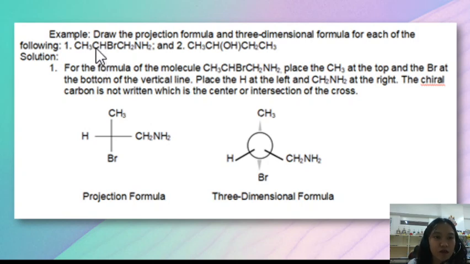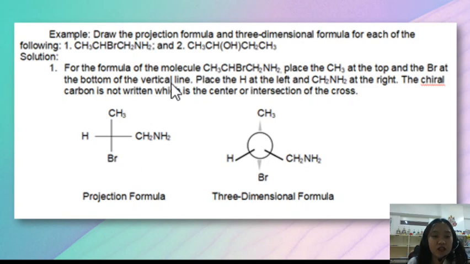So, yung chiral carbon atom, that will be the center of your projection formula, meaning the 4 functional groups revolve around it. So, you will place that at the center and try to place the other functional groups around it. Okay? So, doon sa end ng 4 na lines.